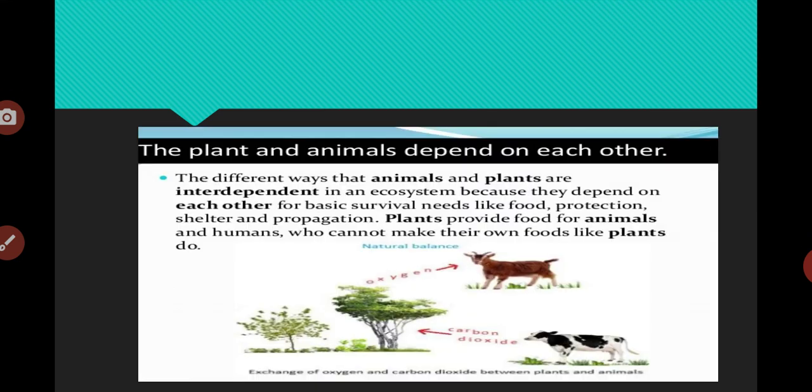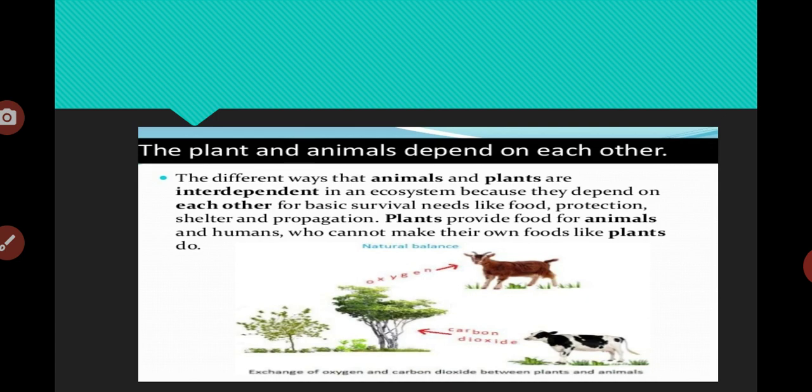The next topic is animals and plants depend on each other. There are different ways that animals and plants are interdependent in an ecosystem because they depend on each other for basic survival needs like food, production, shelter and propagation.